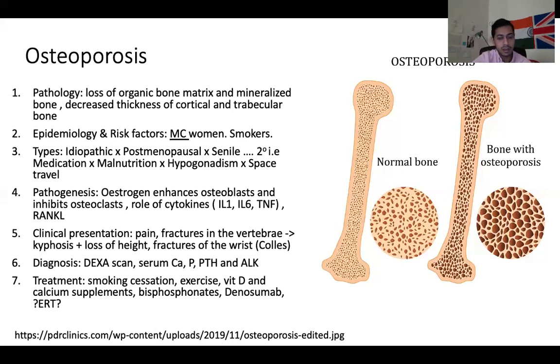Bisphosphonates, once again, and denosumab, which is actually an anti-RANK drug, and by anti-RANK, it will inhibit osteoclastogenesis.